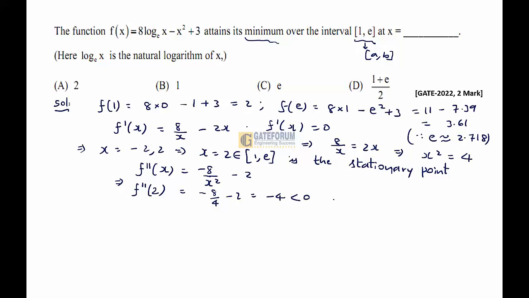When the second derivative is less than 0, it has a local maximum. Therefore, f of x has a local maximum at x is equal to 2, but we are not interested in that, why? The question is related to the minimum.